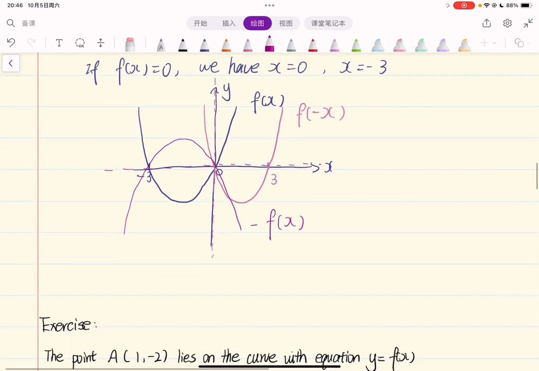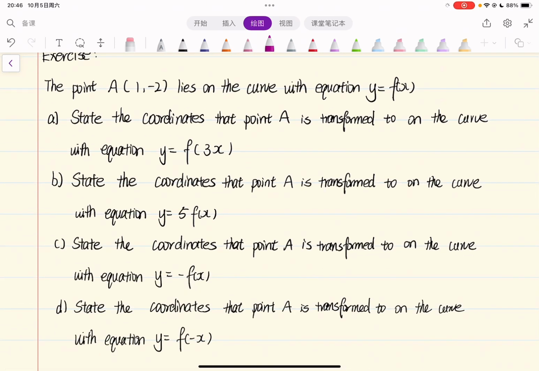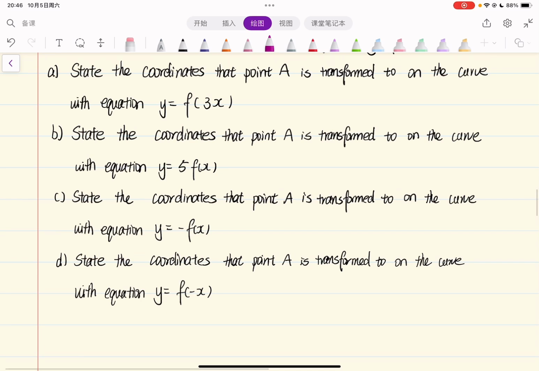Now let's do some exercise. There is a point A, (1, minus 2), that lies on the curve with equation y equals f(x). Part A asks you to state the coordinates that point A is transformed to on the curve with the equation y equals f(3x).